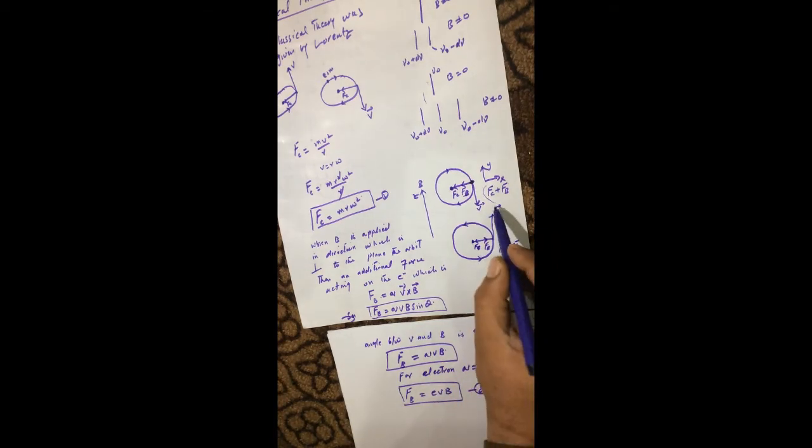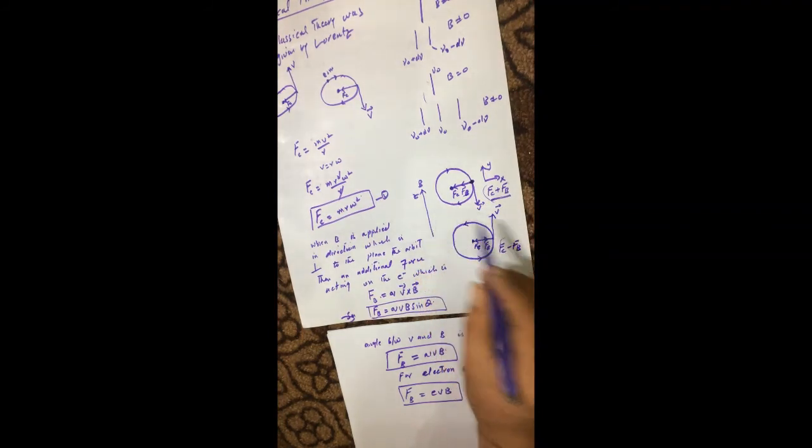So in either case, the angular velocity of the electron changes, because we have a different force now. Once we applied a magnetic field, we have a different force here.